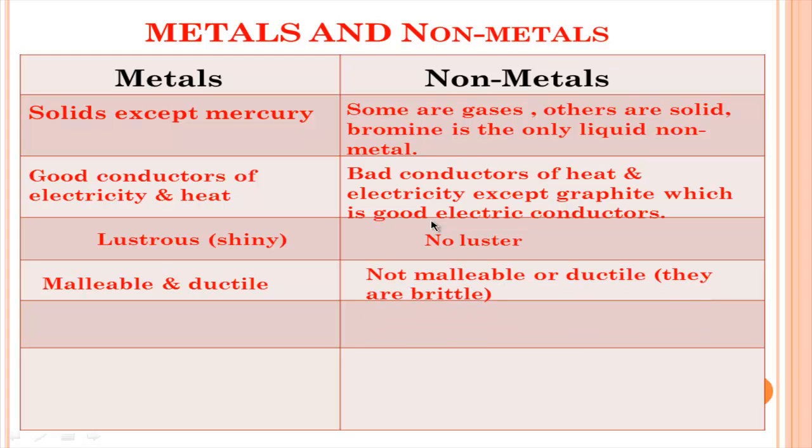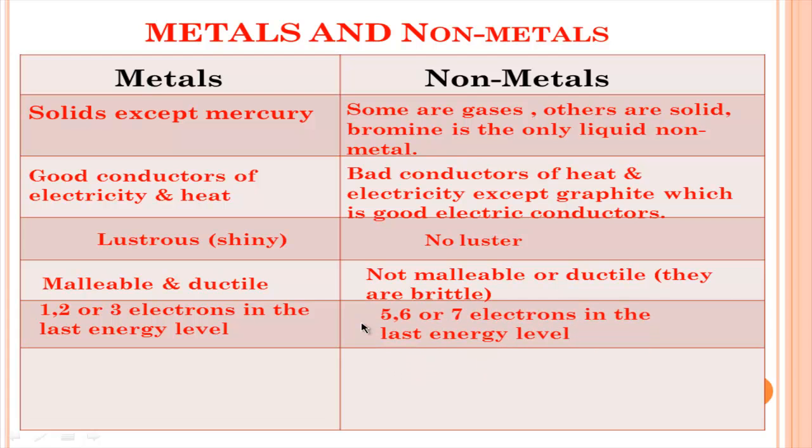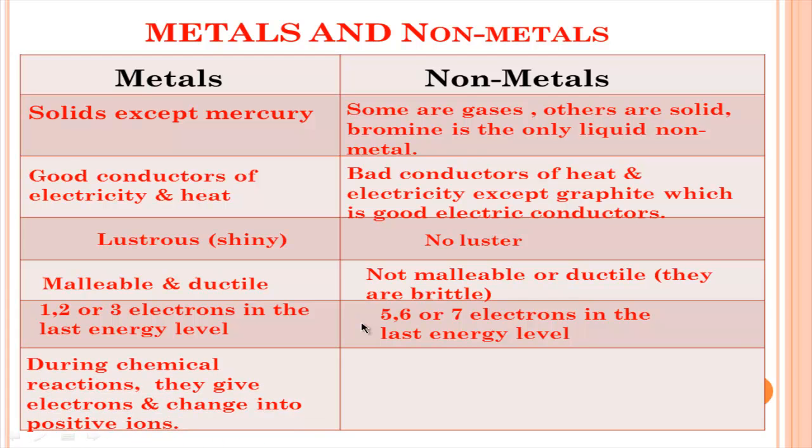Non-metals are not malleable or ductile. They are brittle. Metals have 1, 2, or 3 electrons in their outermost energy level, while non-metals have 5, 6, or 7 electrons in their outermost energy level.